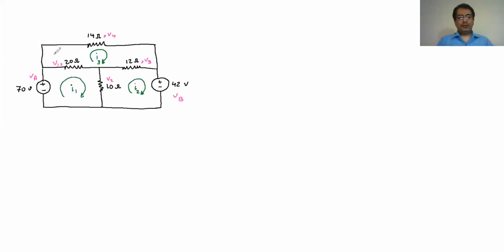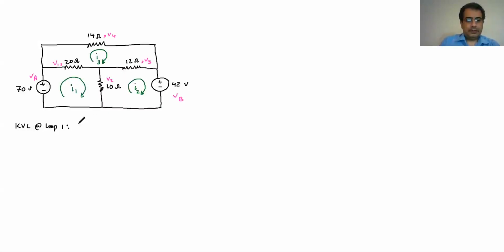Remember, I put V1, V2, V3, V4 here just to make it a little bit clearer. When you get more comfortable, you don't need to do that. You can write the equation straight away. But I put it there just to make it clearer where all those numbers are coming from. So loop one, I started at loop one, so I write the KVL at loop one.